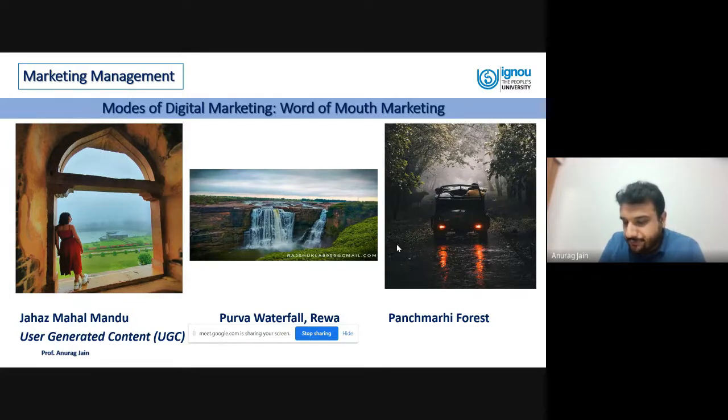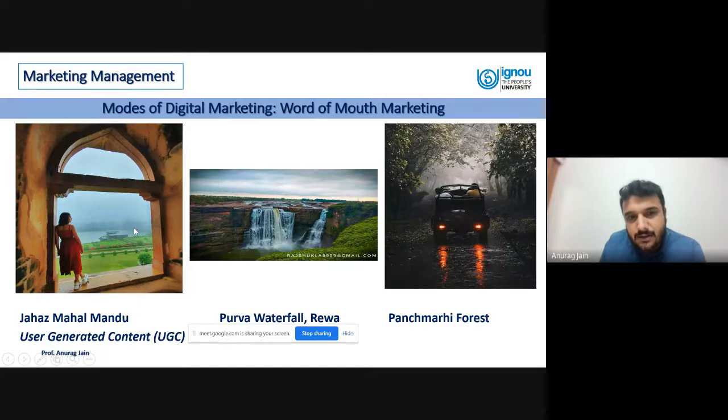And what they've done, so in 2018 they ran this campaign all across the social media platforms. And they asked users to share their own images. You can see all of these pictures are captured by individuals, not by an official cameraman, or by the official marketer, which is MP Tourism.